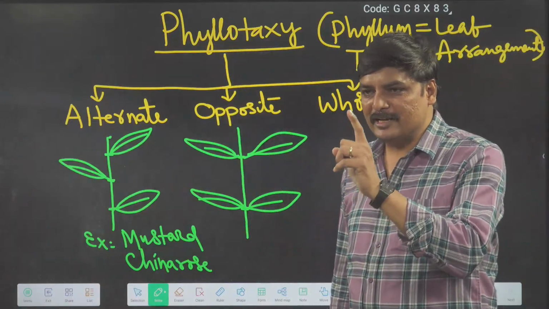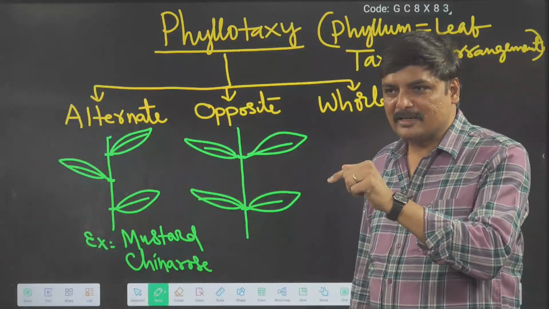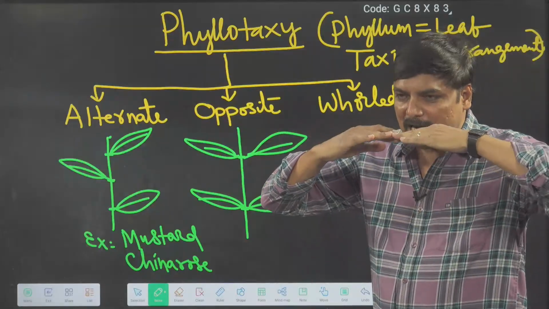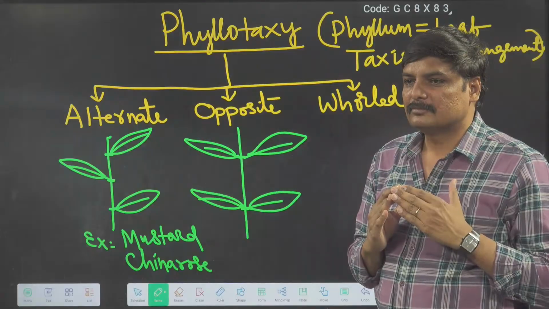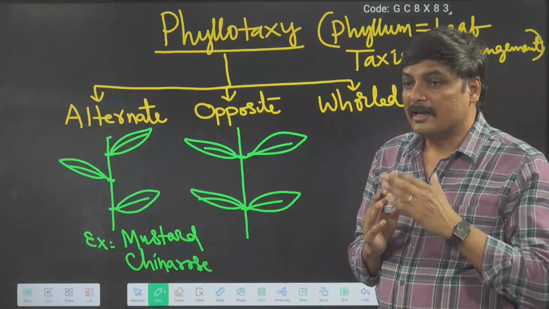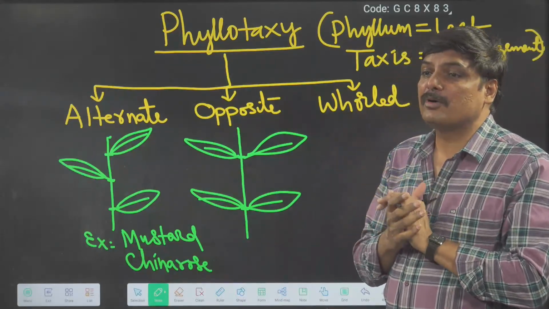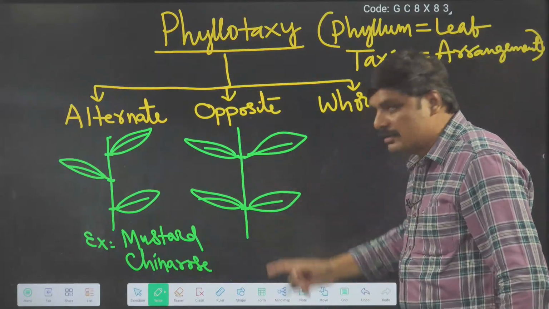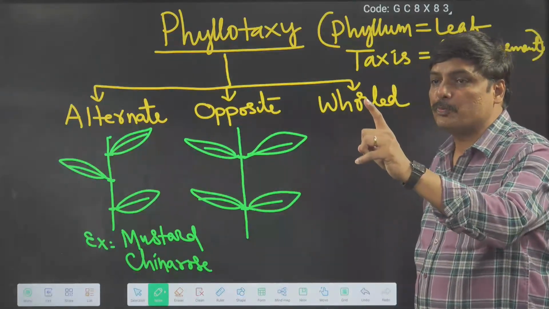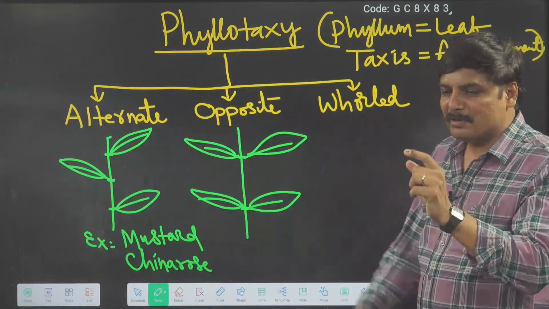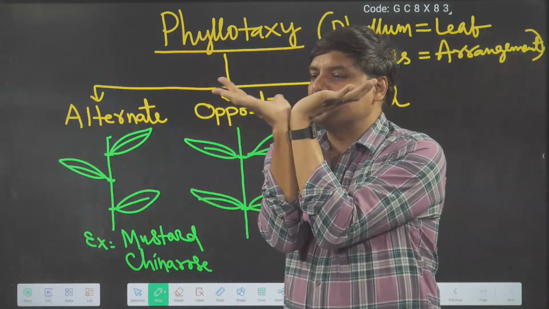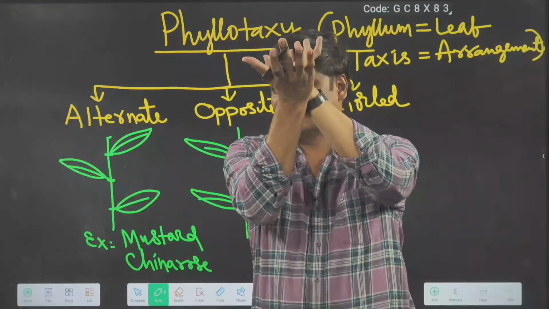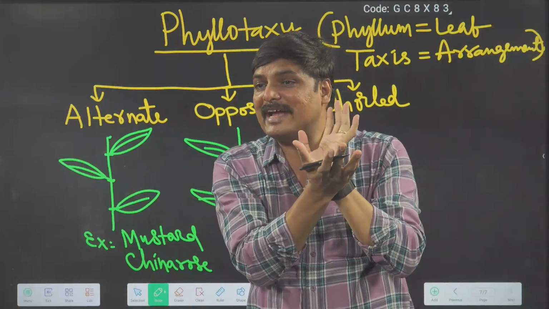Two leaves at each node, which are present opposite to each other. Here two patterns may be formed. The pattern that I have drawn is called opposite superposed. Sometimes two leaves are produced at one node, and at the next node in the opposite direction. That is called opposite decussate.